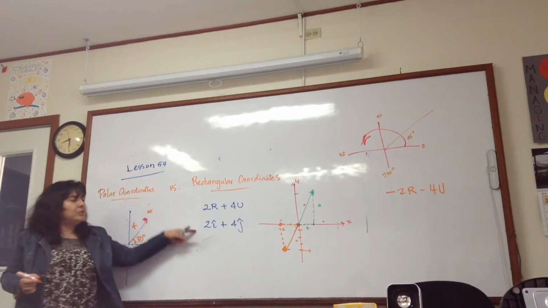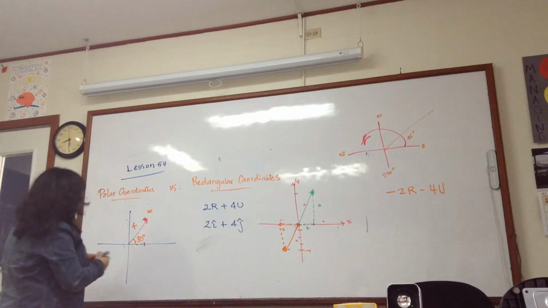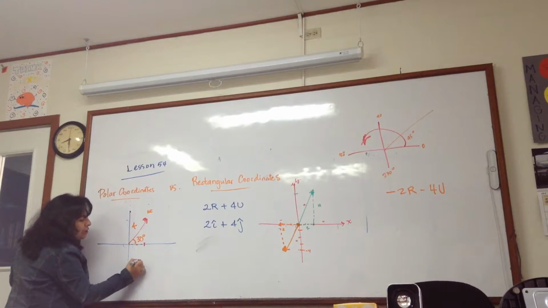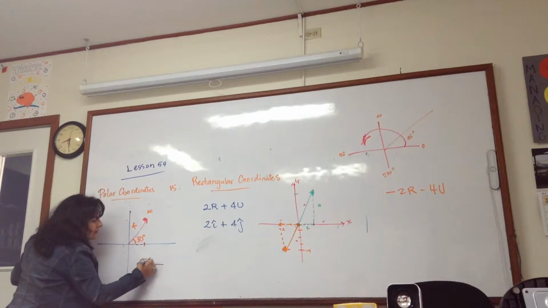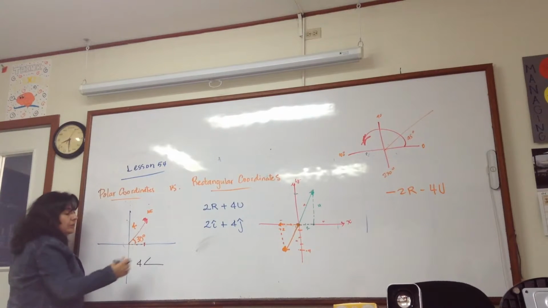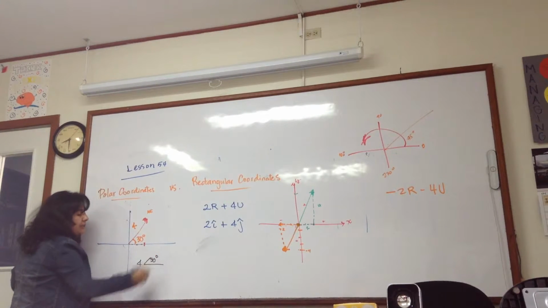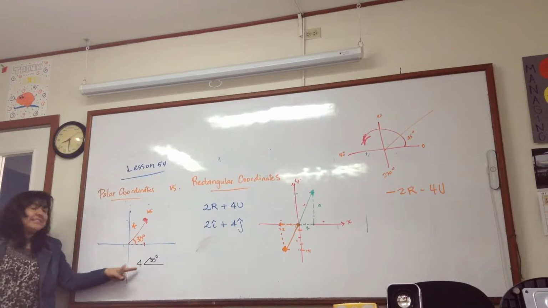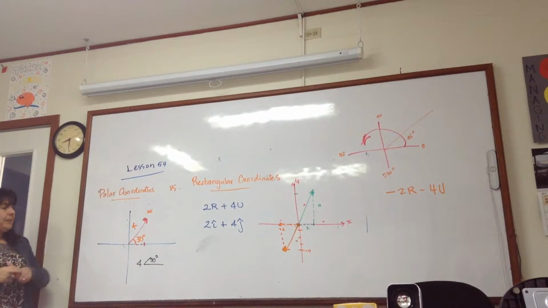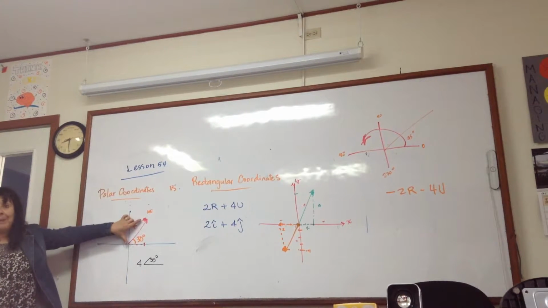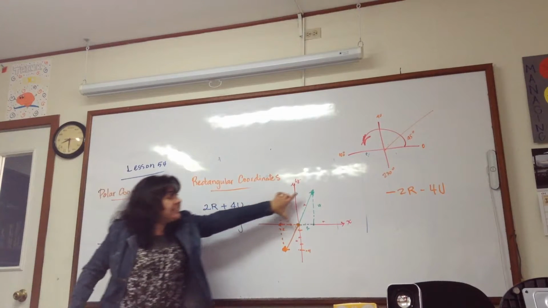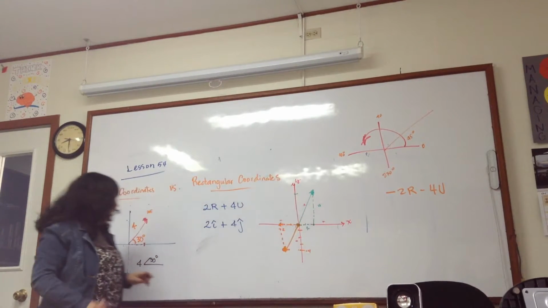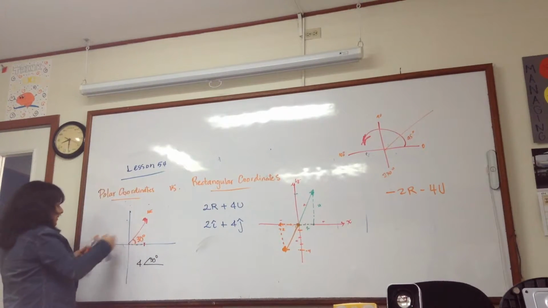Instead of writing it this way, I would write it like this: 4, 30 degrees. This I know means my hypotenuse is 4, my vector is 4. Actually, I'm not going to use a 4, I'm going to use a 5.